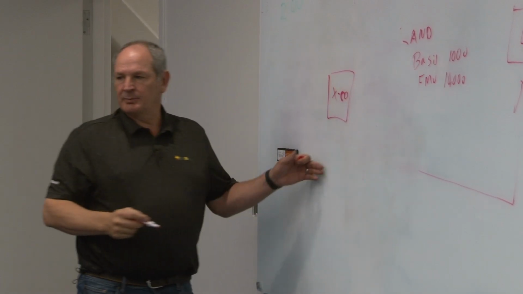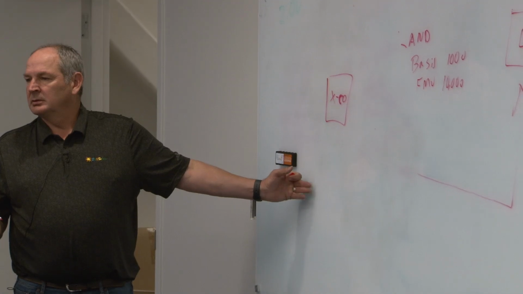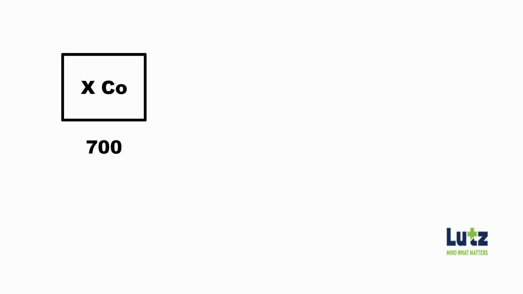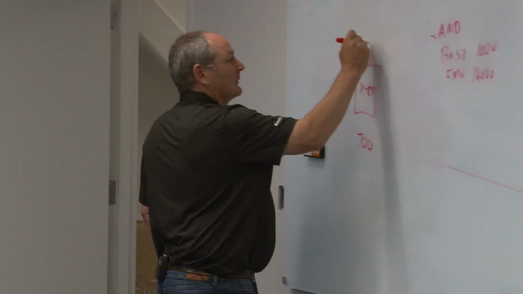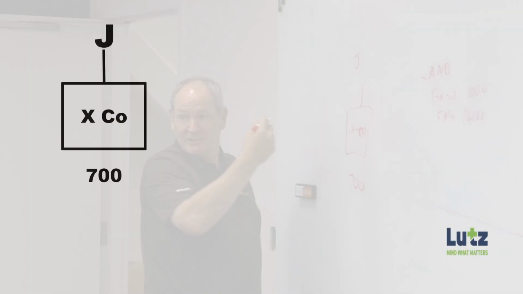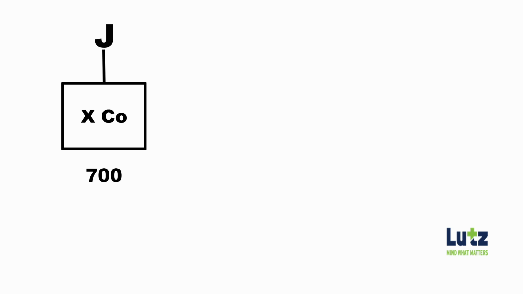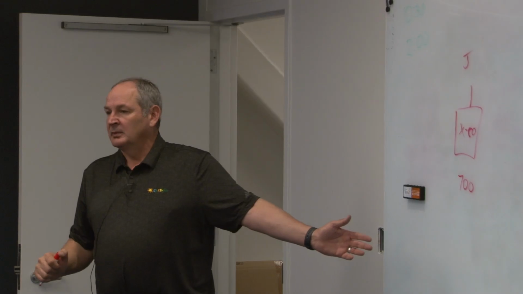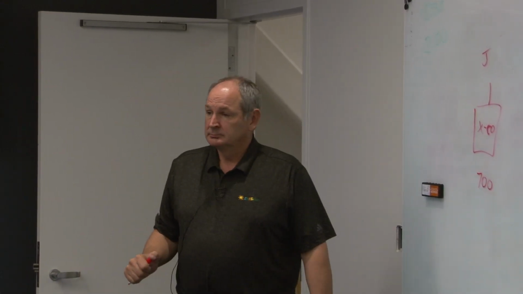How much was our earnings and profits for Exco earlier? $700. Okay. So the corporation's already paid tax on that, correct? And let's say that Jack says, I want my $700. And it's a C Corp. If the C Corp distributes out $700, what is that?